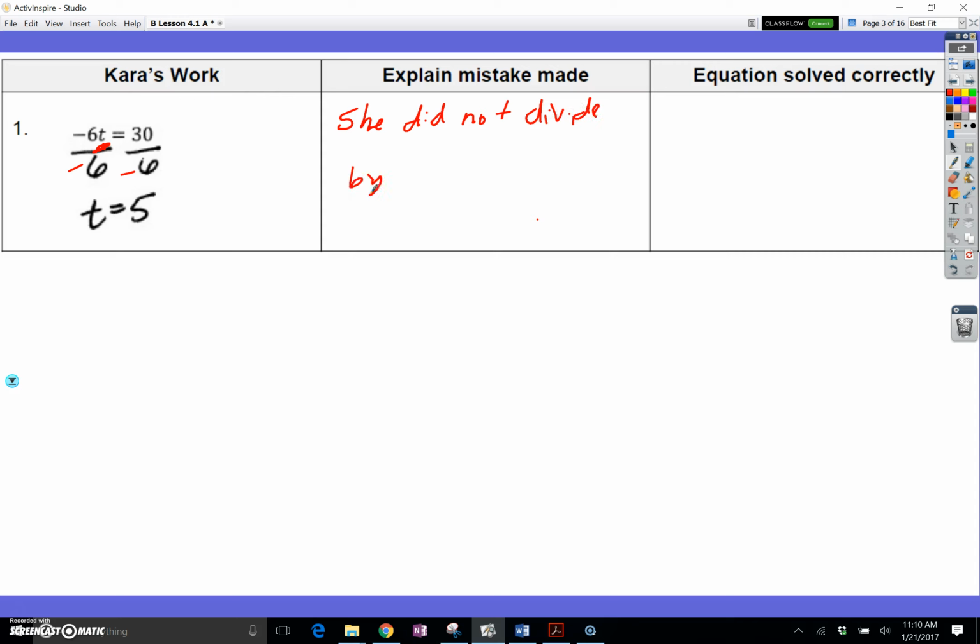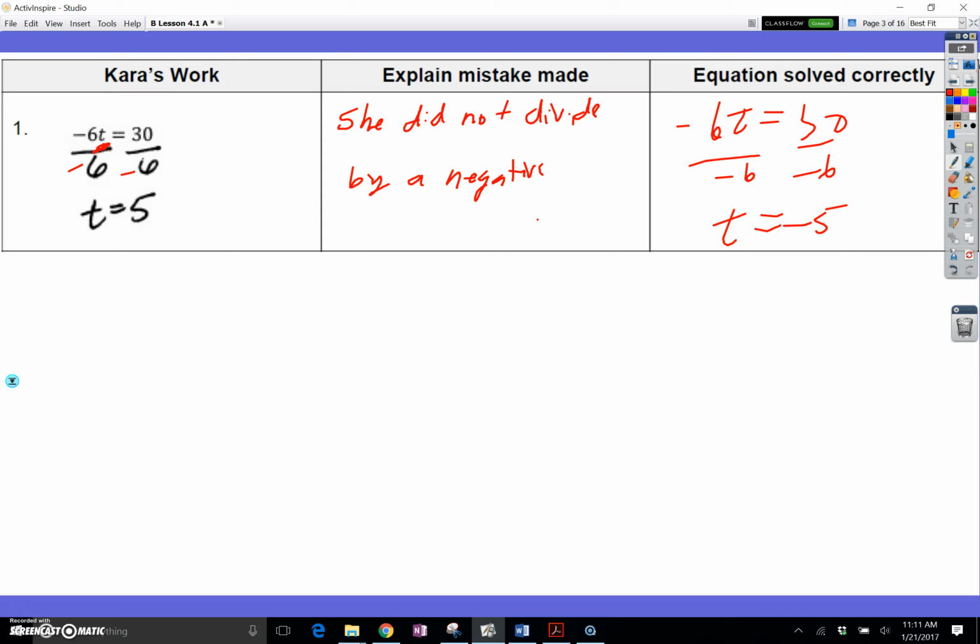Alright, so if she solved it correctly, it would have looked like negative 6t equals 30. We're going to divide both sides by negative 6, which means t would equal negative 5 and not positive 5.